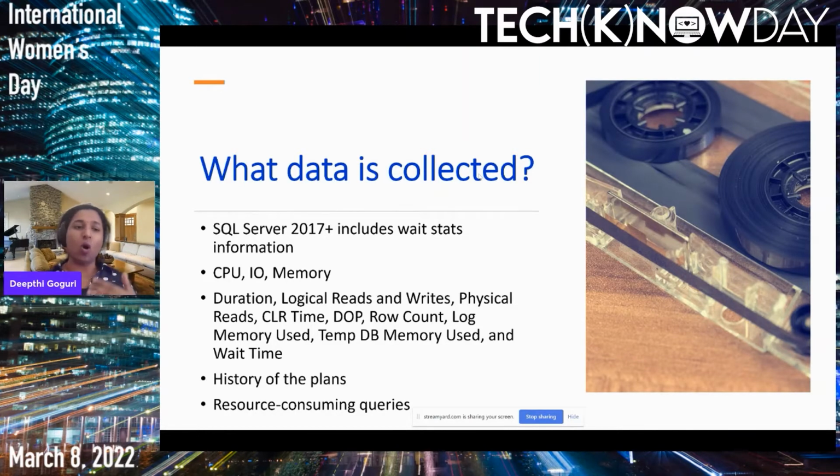It will store all the information that you are seeing here, like query text, query ID, query plan, CPU, IO, memory, wait stats information, like how much memory has been used, how much of my TempDB has been used, all of that information, along with the execution plans, and the history of the execution plans. One of the benefits of using the Query Store is that you can easily pull the report for the top resource consuming queries.